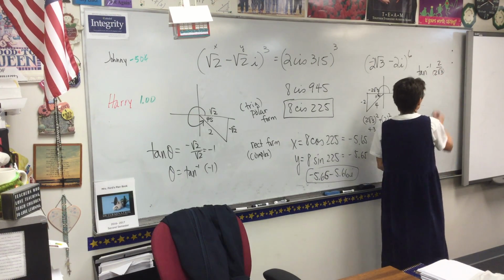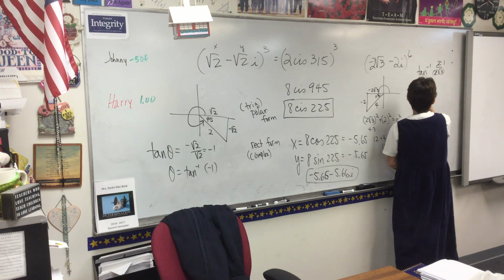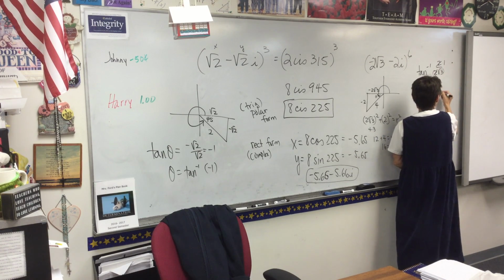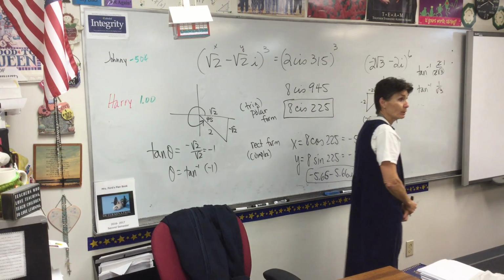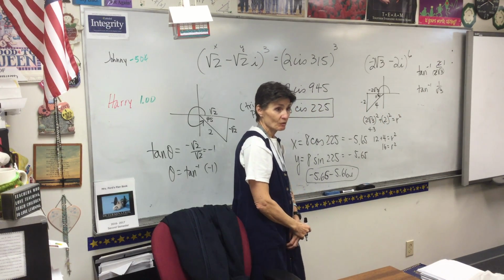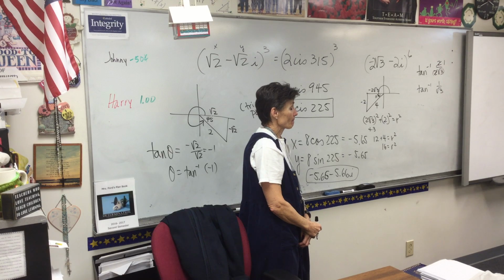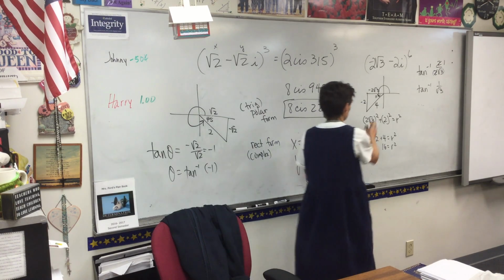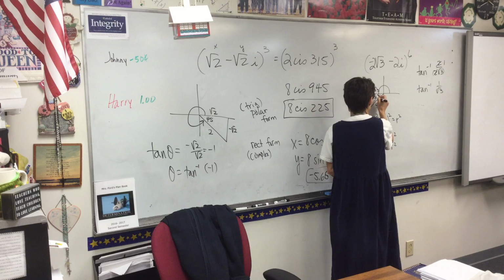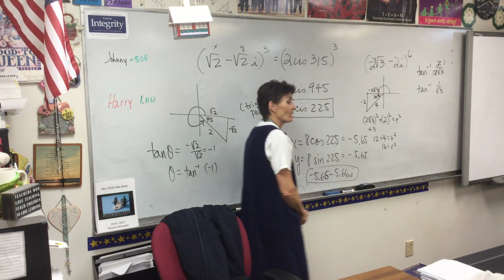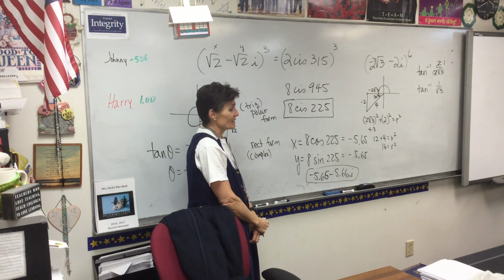You might cancel and put into your calculator 1 over root 3. That's easier to put in. You see that the 2's would cancel? Calculator should say 30. If you got something other than 30, you're not putting it in right. So we need to fix that.